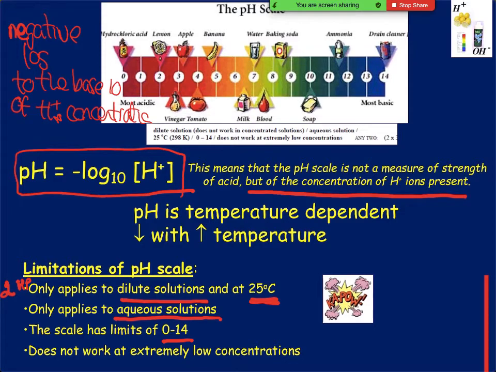Okay. So universal indicator is one of the ways. The other thing that you can use is a pH meter or pH probe. This is an electronic version of measuring your pH. You put your probe in and it detects the hydrogen ions that are in there and converts it to a number.